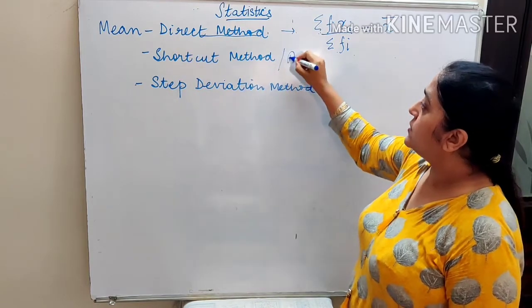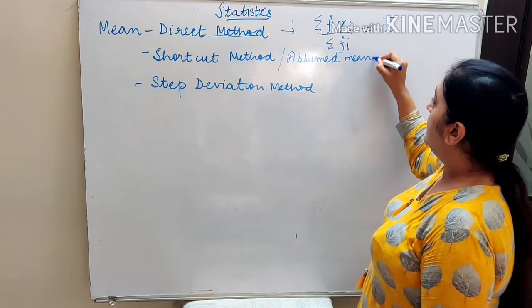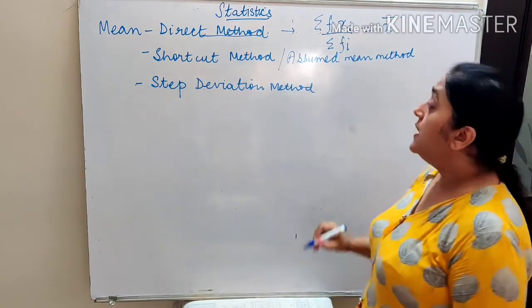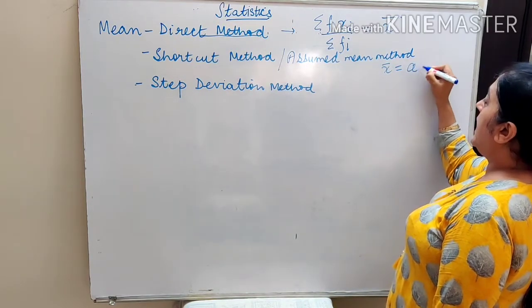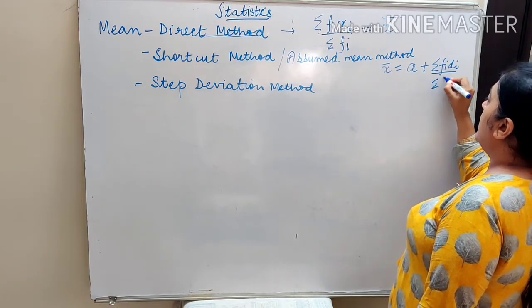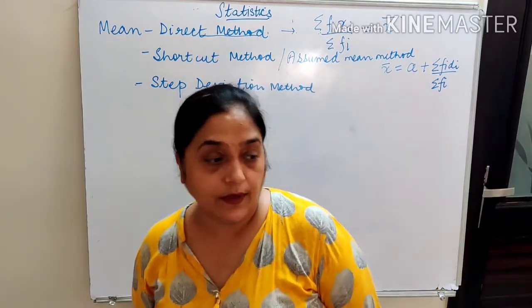The shortcut method is also known as the assumed mean method. So what was the formula for this? X mean is equal to A plus summation fi di upon summation fi, where A is the assumed mean.